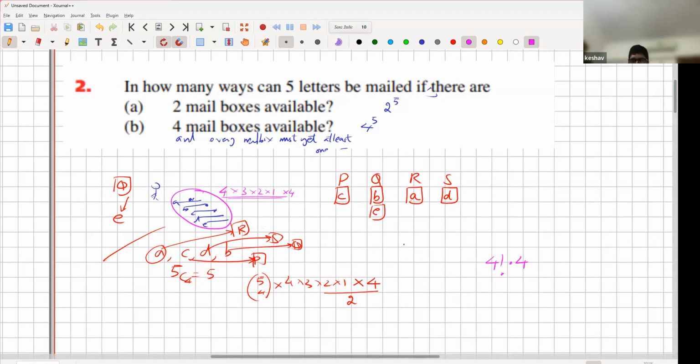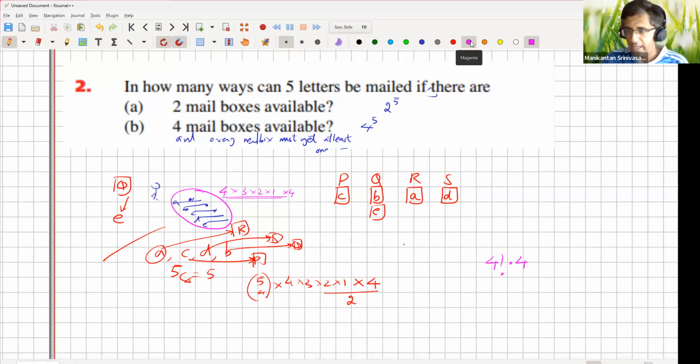You're already arranging that A is the first one, B is the second one, C is the third one, D is the fourth one. Okay, fine. I'll say with your method as well, your reasoning is, I've sorted my letters A, B, C, D, E. These are 5. I'll go to A, 4, 3, 2, 1. The last one can be any of the 4. Fine. Let's hold on to both answers.